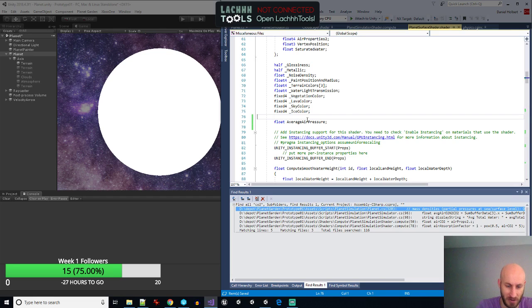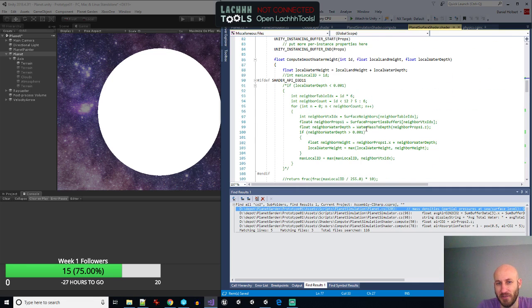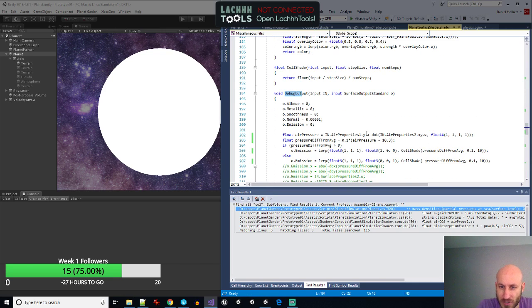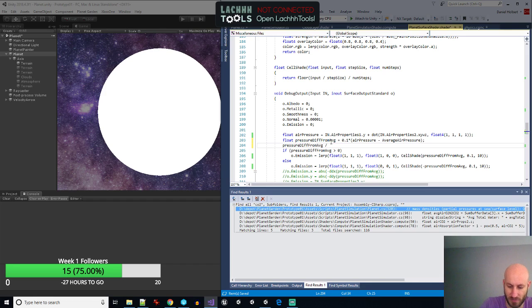So now I'm here back in my shader that draws the surface of the planet, and I use it to do these little visualizations. Debug output. Instead of this 10.3, I'm just going to subtract the average air pressure, and then I'm also going to divide it by that average air pressure to make it a percentage.